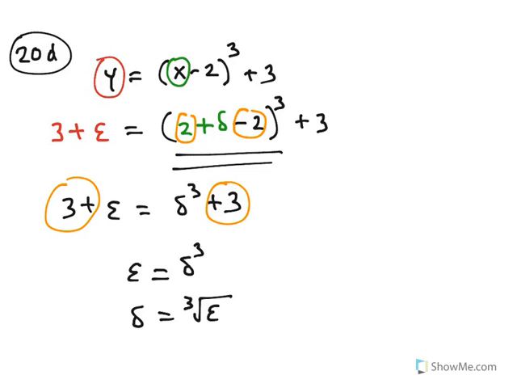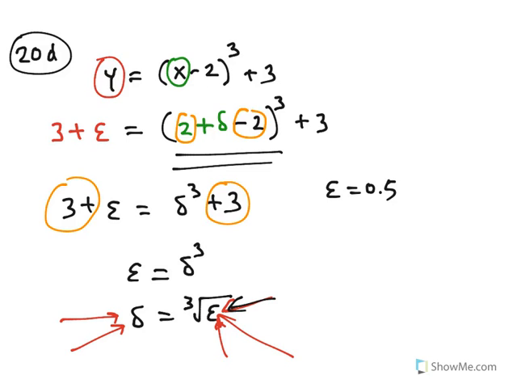So basically, that's it. What have we shown? We've shown that whatever you give me for epsilon, all I have to do is take the cube root of that, and I'll be able to get a value for delta. You can make epsilon astronomically small if you want. I will just take the cube root of that and tell you if x is within delta units of, in this case, 2, then y will be within whatever you gave me for epsilon of the limit. You can try it for epsilon equal to 0.5.